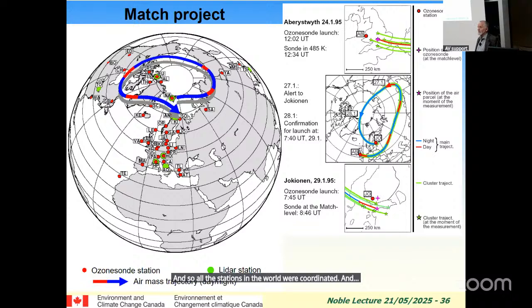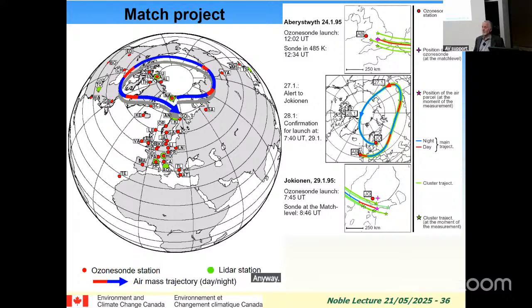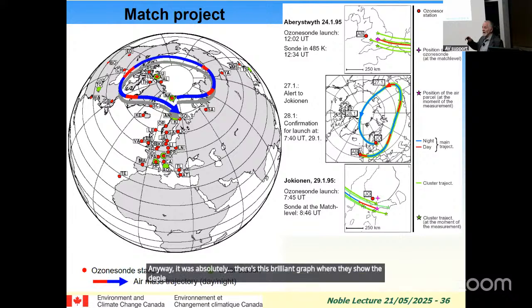Their first paper was in 1990, way back, 1990s, I think. Anyway, there's this brilliant graph where they show the depletion if you measure at certain static places, and then if you follow the trajectory of an air parcel.